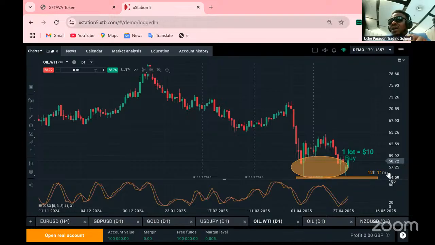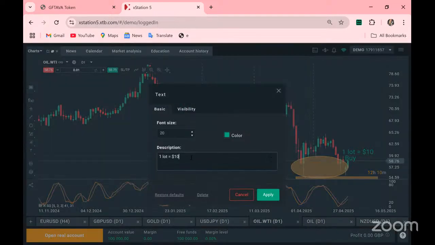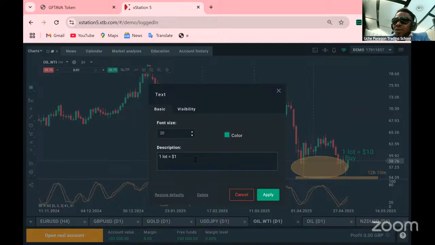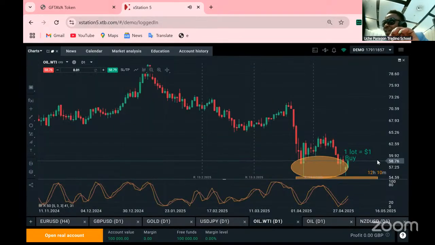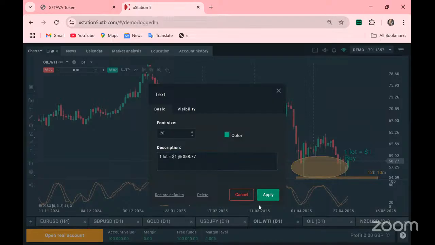Then, okay, I think I'm talking on a bigger volume. So should I use small money? Yeah, I think you should use small volume, please. Let's say $1, and you place at 58.77.